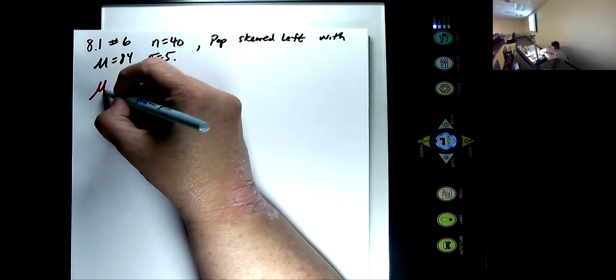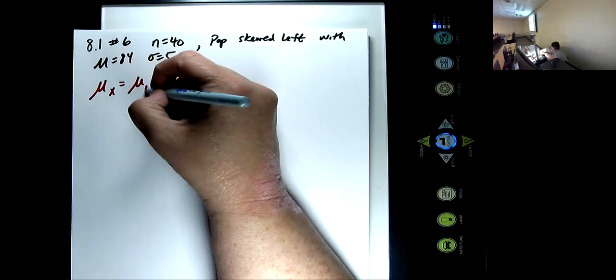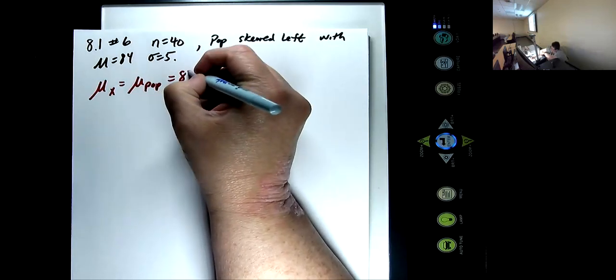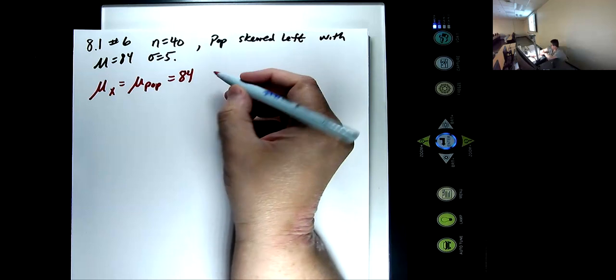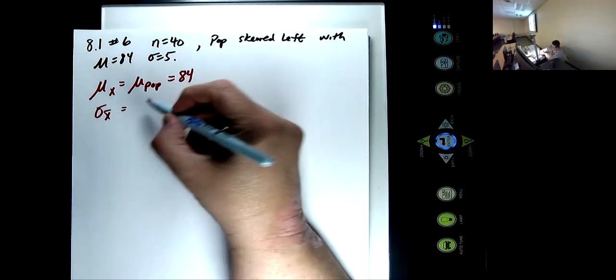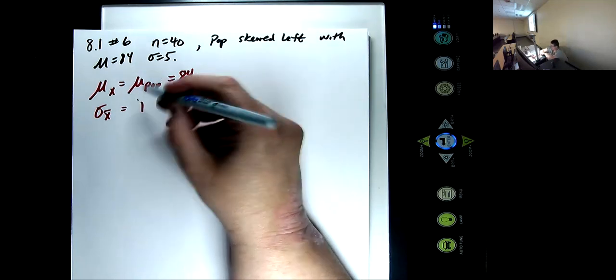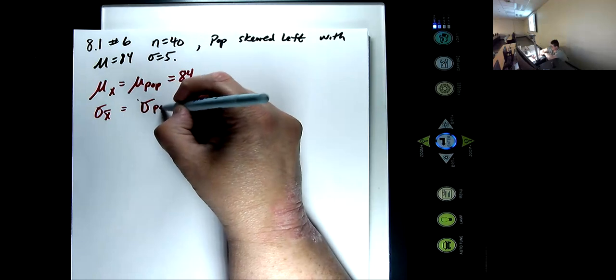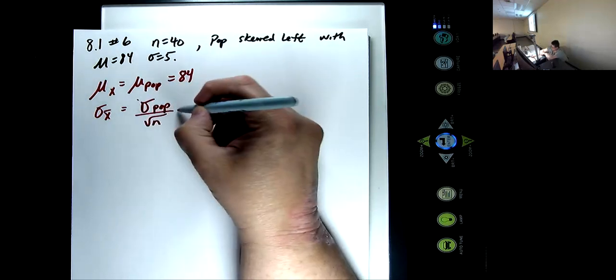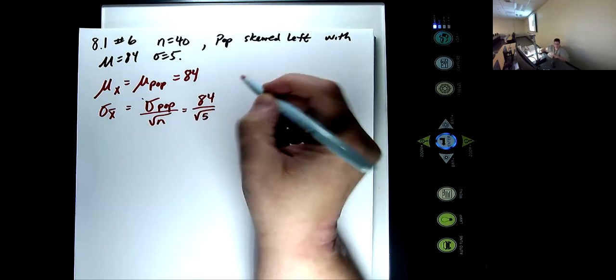So the mean of X bar is the same as the mean of the population, which is 84. The standard deviation is the standard deviation of the population divided by the square root of n.